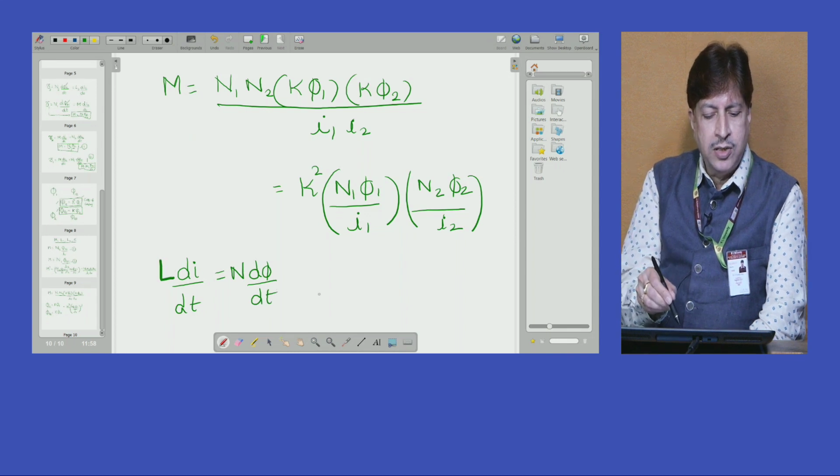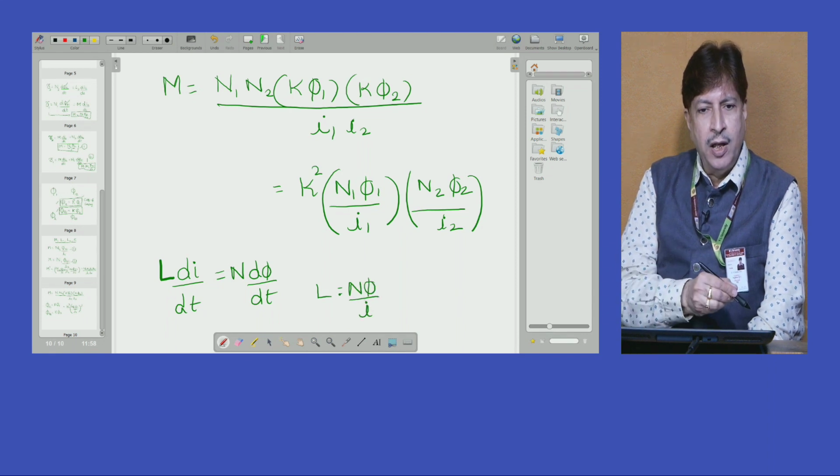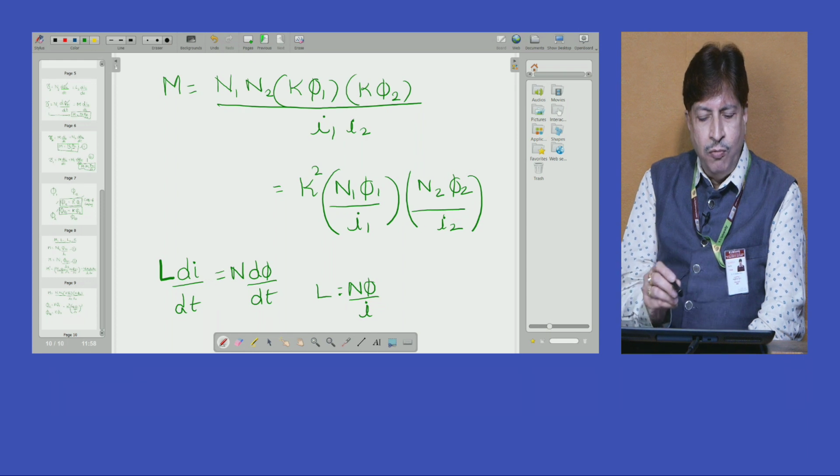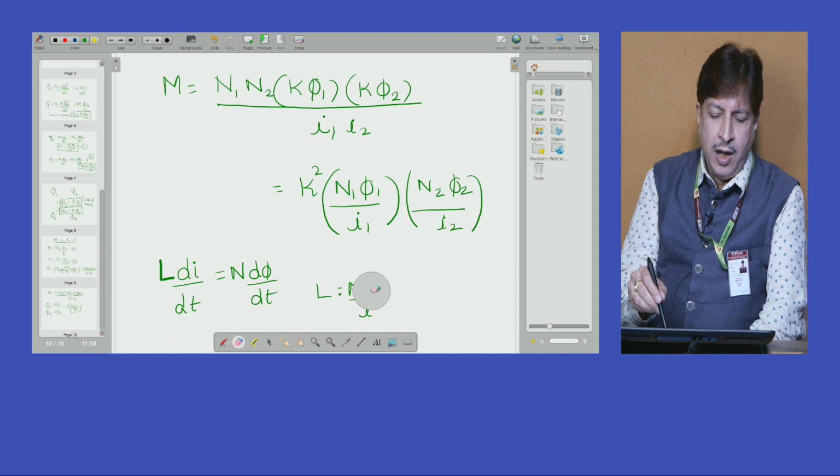Accordingly, L is equal to N phi by I. Whenever we represent the self-inductance, we can represent it as N phi by I.